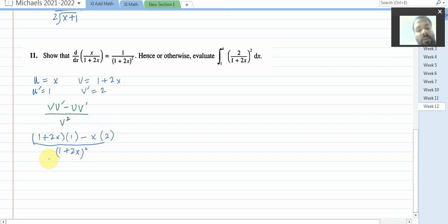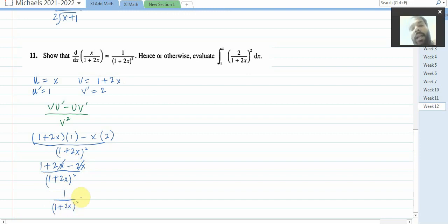Now if we multiply the bracket, it will be 1 plus 2x minus x into 2, which is 2x, divided by (1 plus 2x) whole square. 2x and 2x cancel, so the answer is 1 divided by (1 plus 2x) whole square.